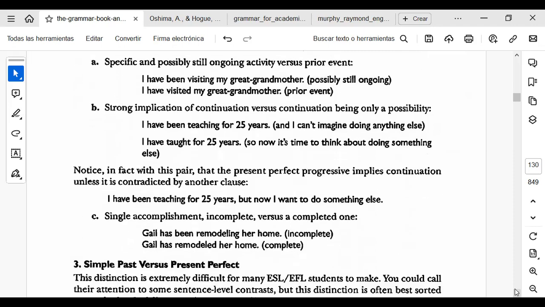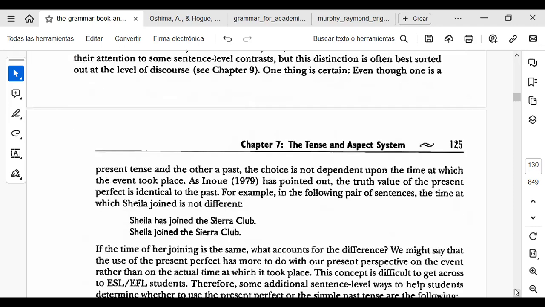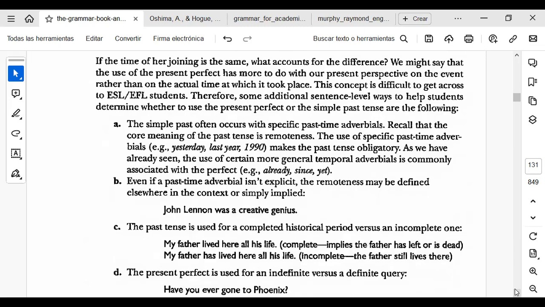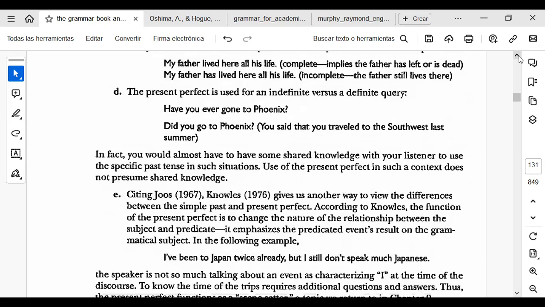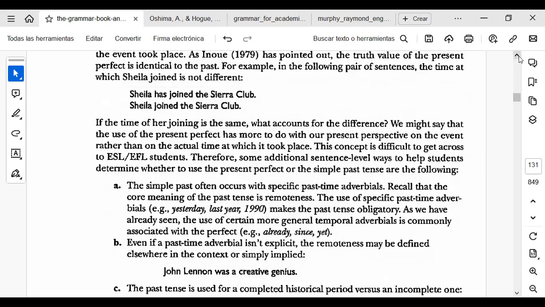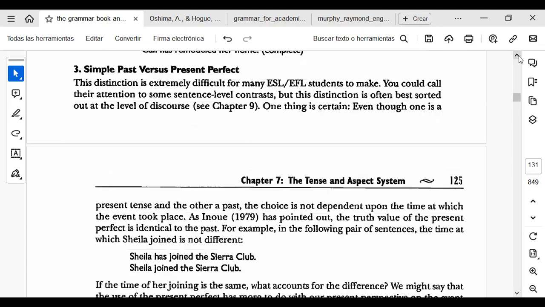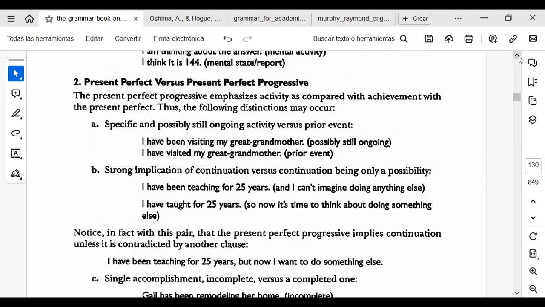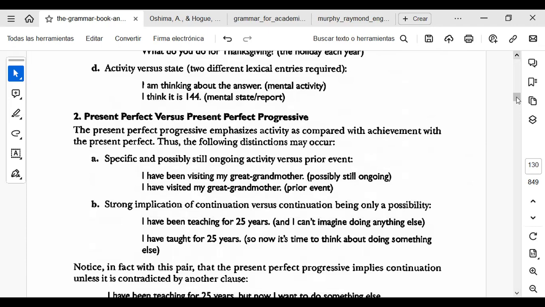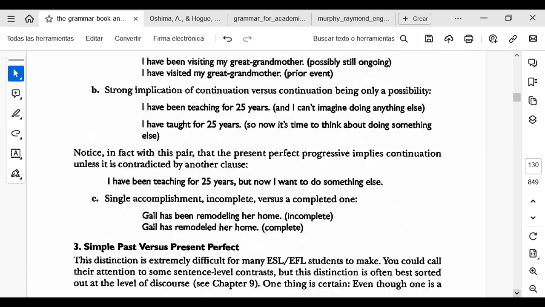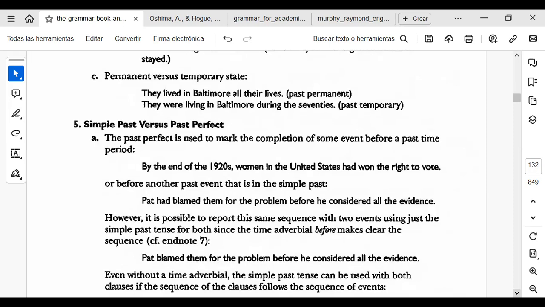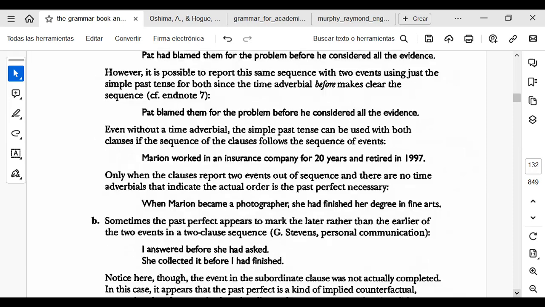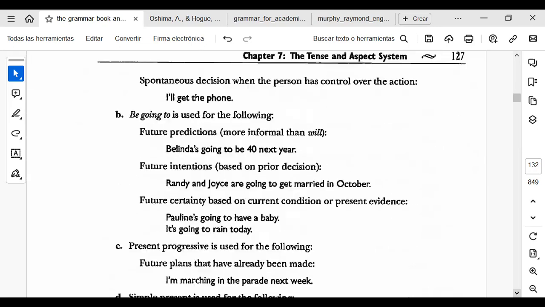You have to read very carefully. The interesting point in this book is that if you are teachers, you can have here some strategies to teach these tenses, because sometimes it's difficult for the students to understand the use of these verbs.